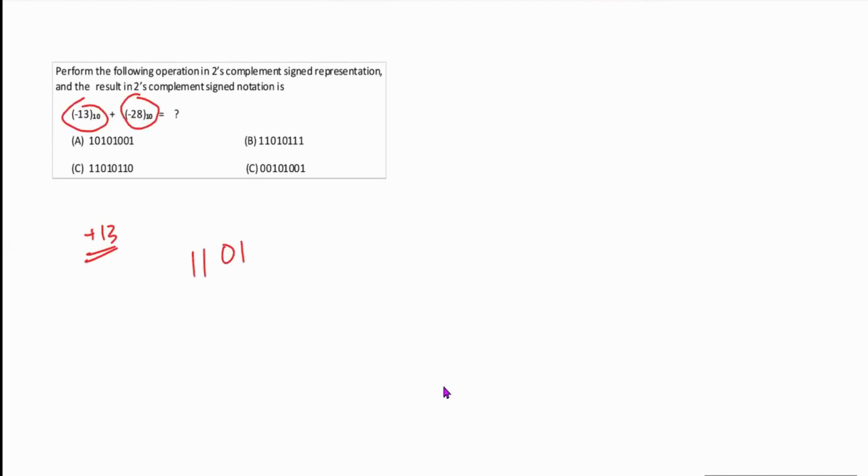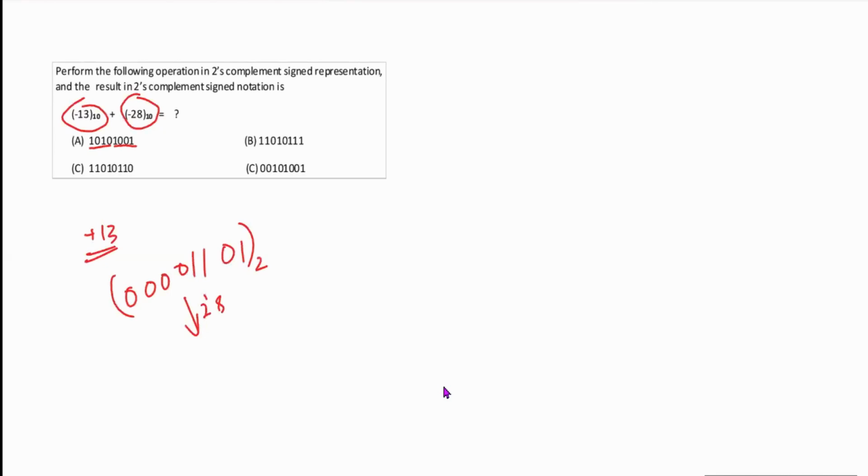From the answers I can see that these answers are in 8 bit, so this plus 13 also you need to convert into 8 bit. For plus 13 you can take 4 extra zeros, and this is the notation for plus 13. If you do the 2's complement of this, you will get the minus 13 notation.